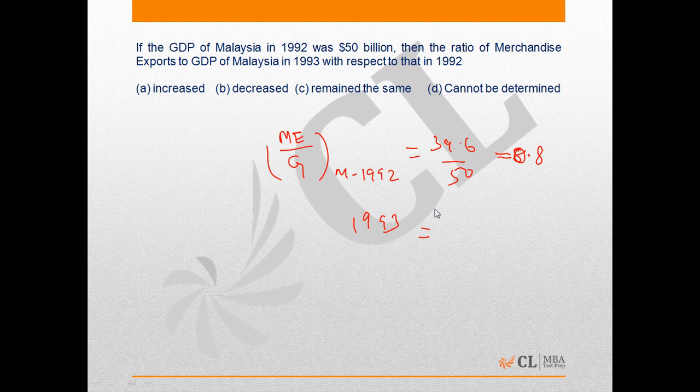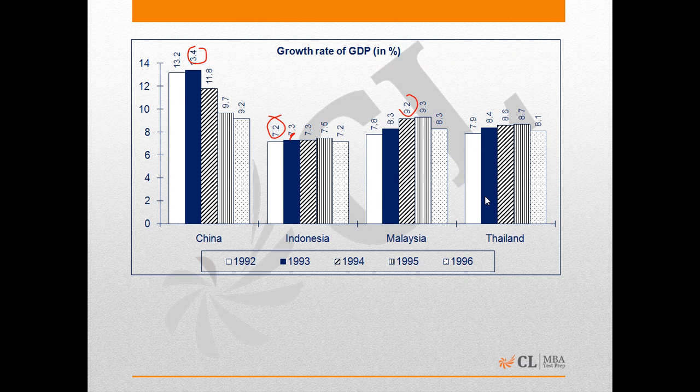Now in 1993, the merchandise export is given as 46 and the growth rate of the GDP of Malaysia in 1993 was 8.3%.